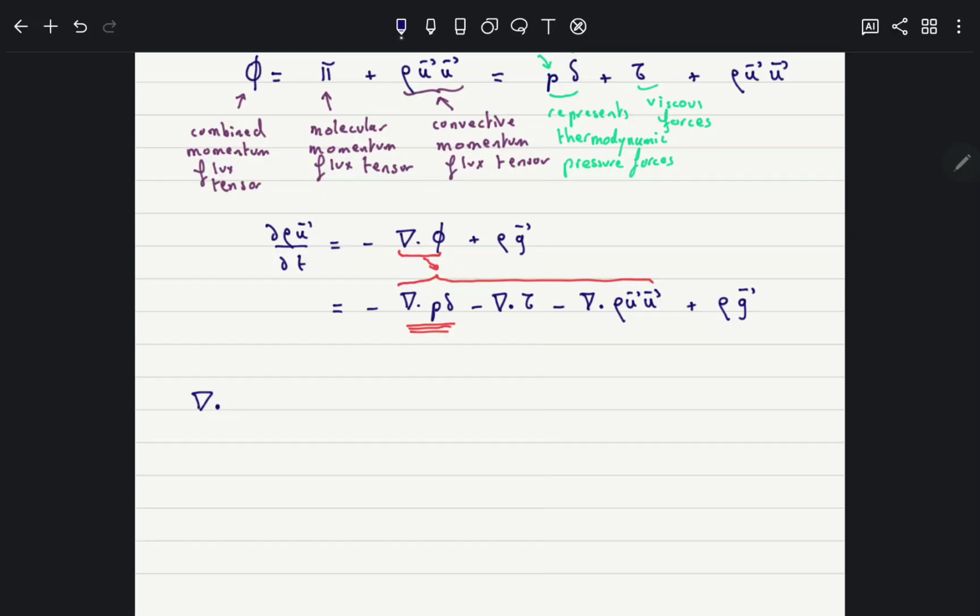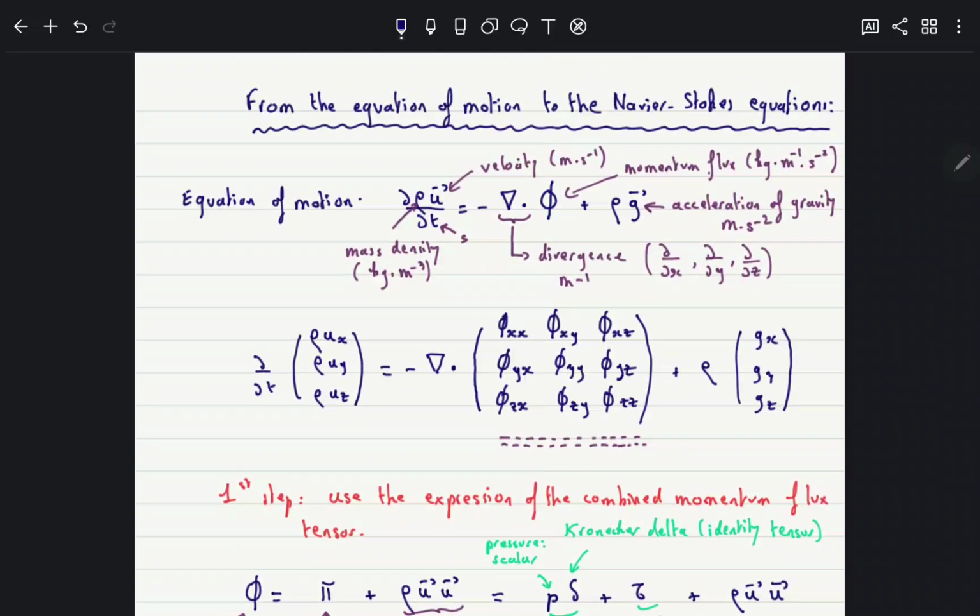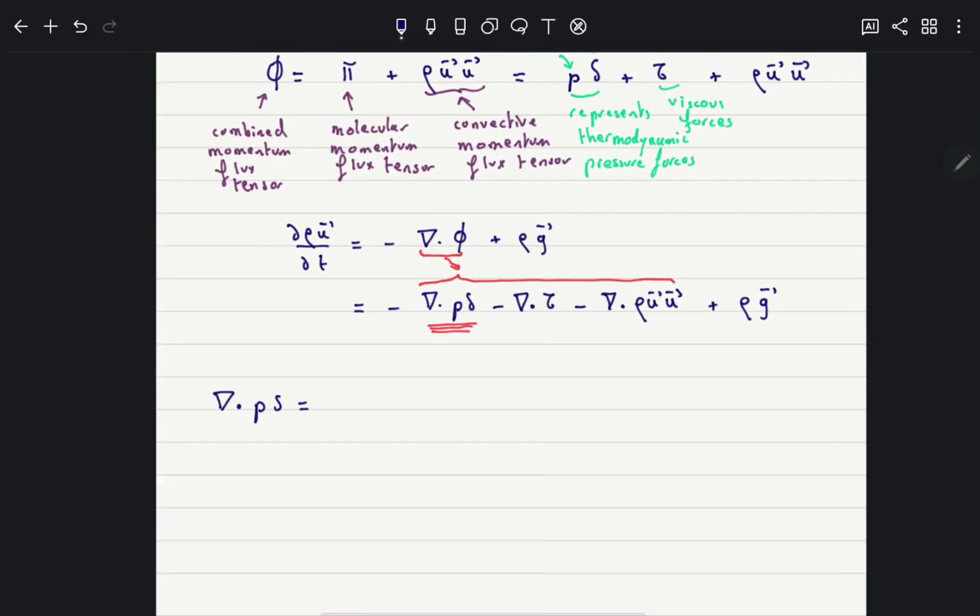We have the divergence of p delta. If we write all the components in the Cartesian coordinate system, x, y, z, to make the whole thing simpler to visualize, then we know that the divergence is just the derivative with respect to x, y, and z.